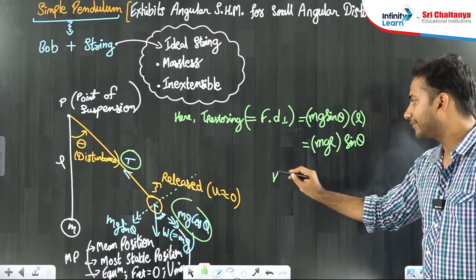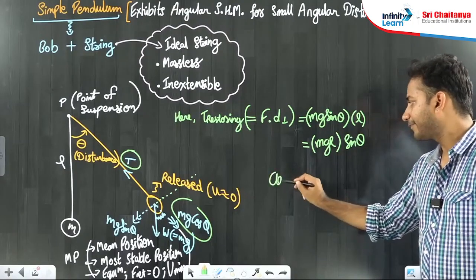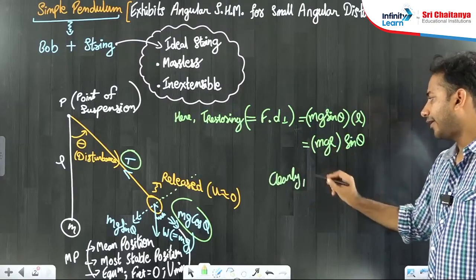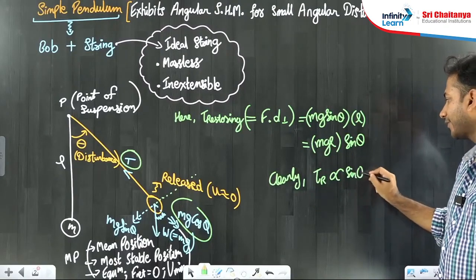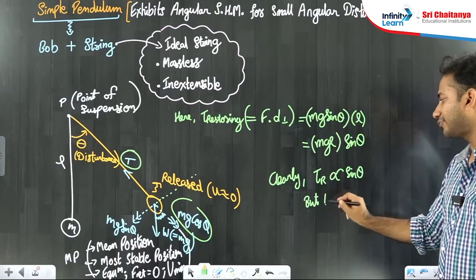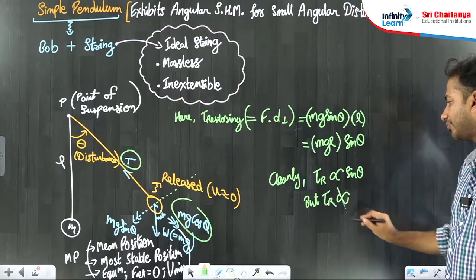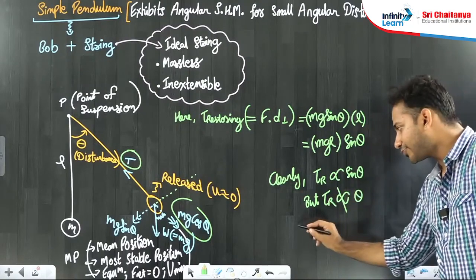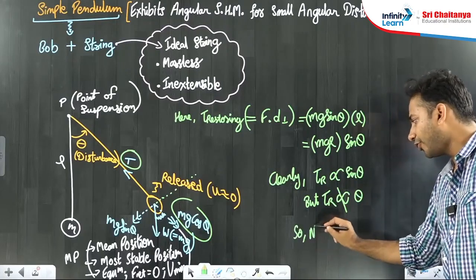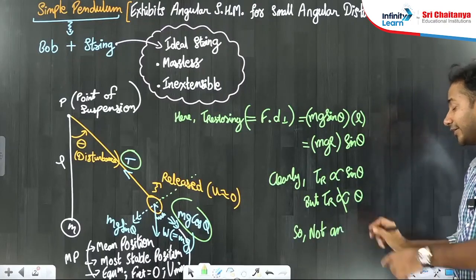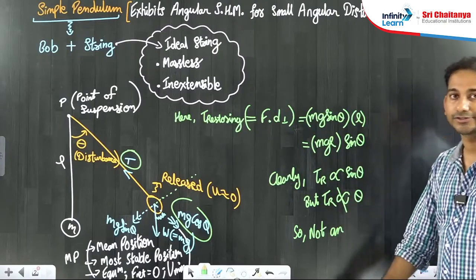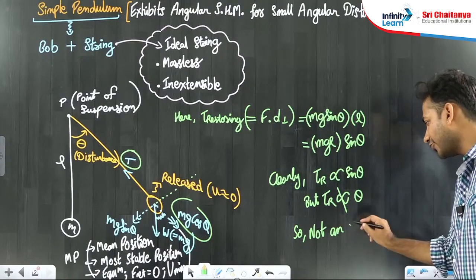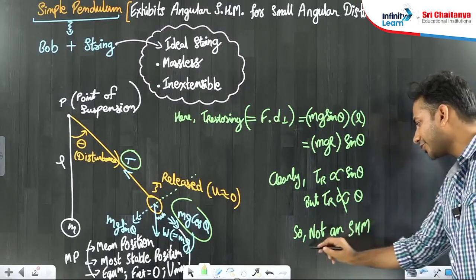So clearly your restoring torque is directly proportional to sin theta, but it is not directly proportional to theta. So it is not an SHM, because the condition for simple harmonic motion is that the restoring torque is directly proportional to the angular disturbance provided. So not an SHM in general.